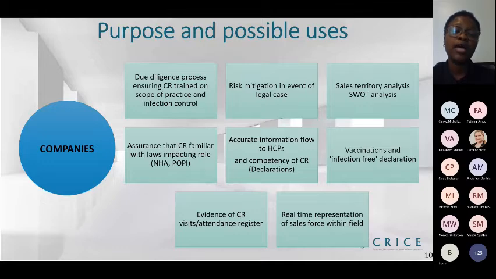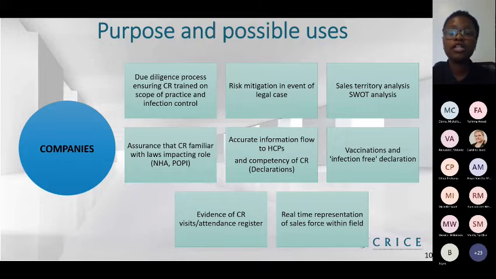So, for example, in a case where a CR has performed out of scope, the reports and the different features that are available for the companies through the CRICE program can be used as a risk mitigation step, because through enrolling your learners or the members of your company to the CRICE, you are then offering yourself somewhat protection in that kind of a situation.